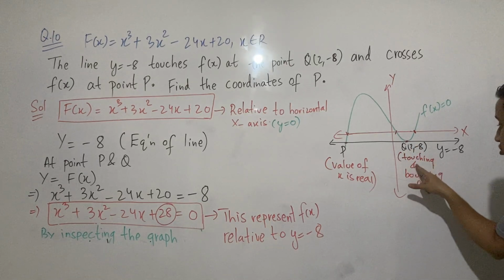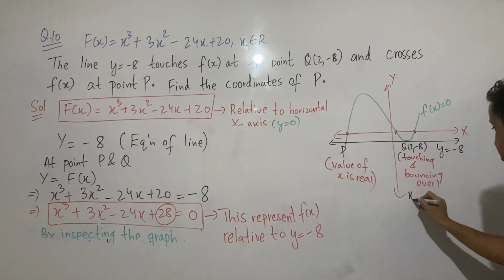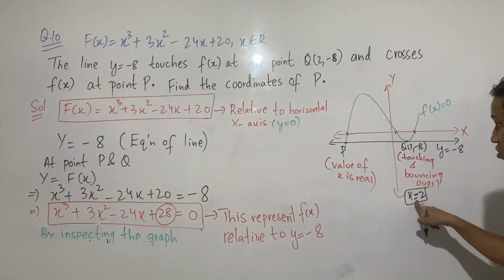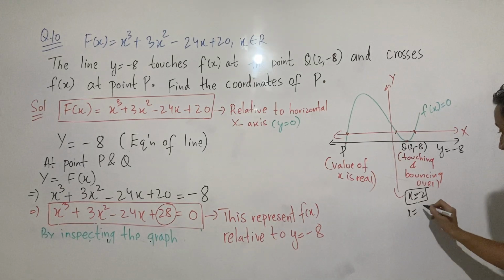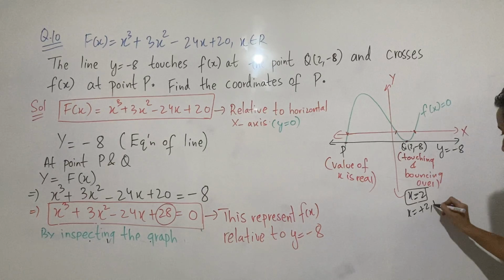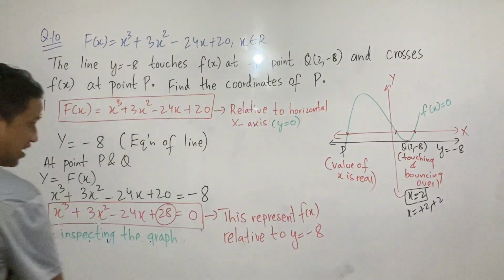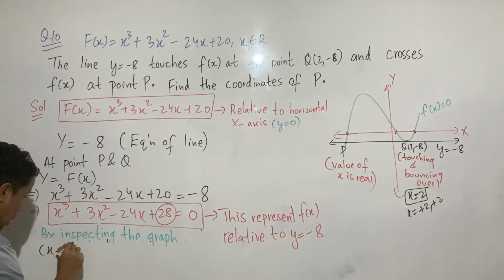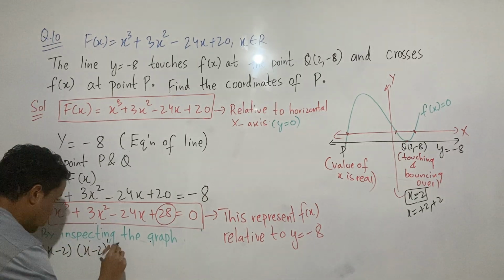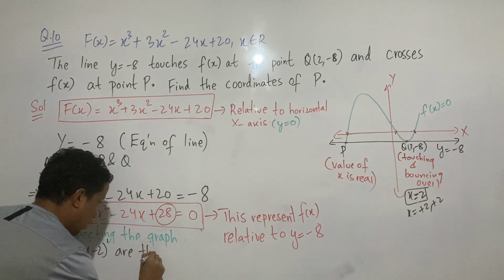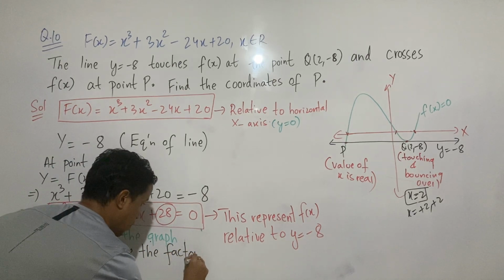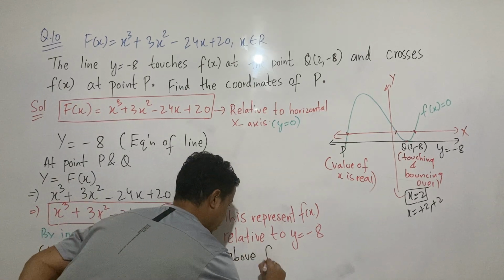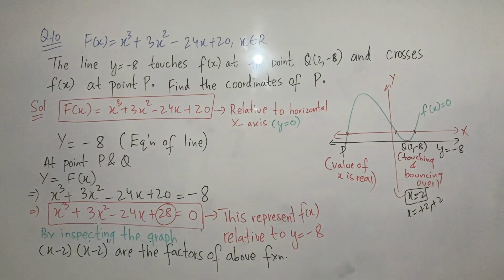Because I've written here touching and bouncing over, it means x equals 2. x equals 2 is the repeated solution, means here x is going to have repeated values, plus 2, plus 2. So what does that mean? It means that by inspecting the graph, x minus 2 are the factors of the above function.